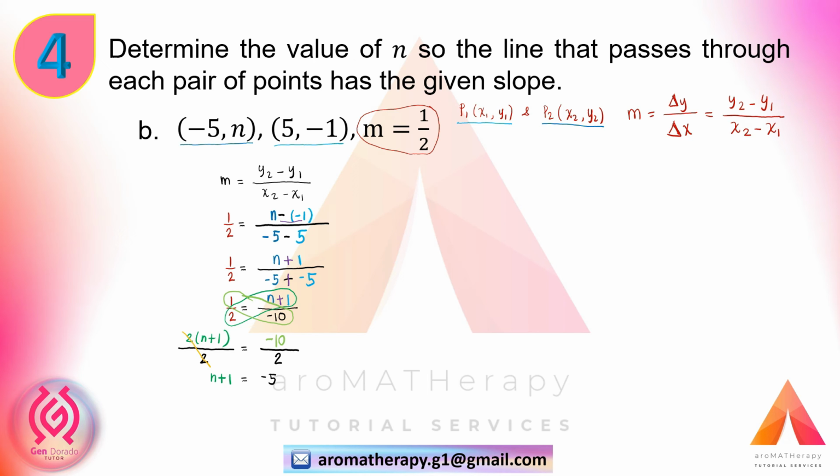Negative 5. Okay. So now, get the inverse of positive 1 so that it cancels, so that only n remains. So, minus 1. Minus 1 also on the right hand side. Whatever you did on the left hand side, you also do on the right hand side. This is your left hand side of the equation, and this is your right hand side. Let's simplify.